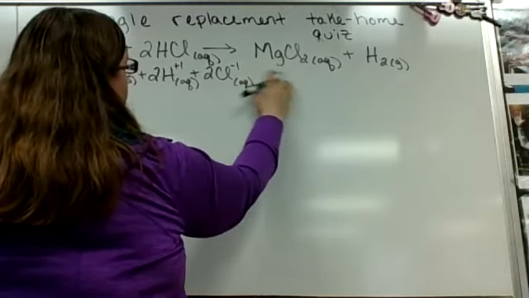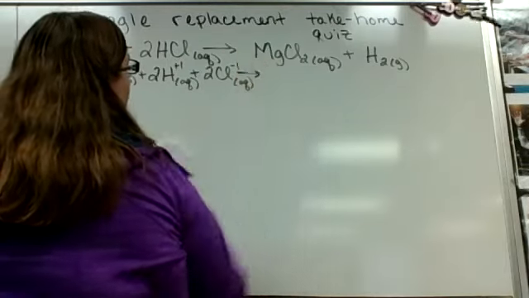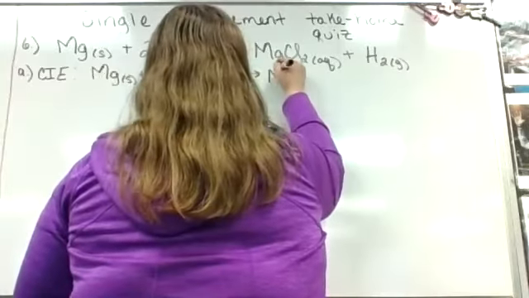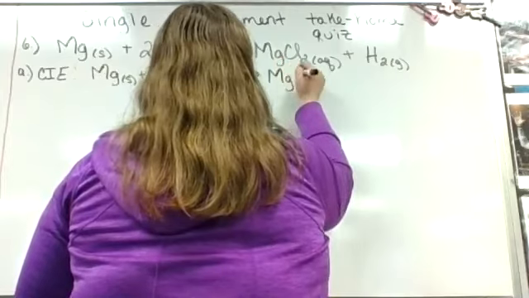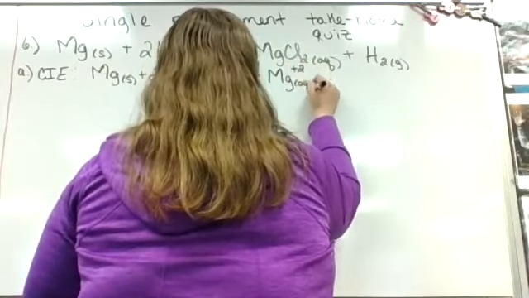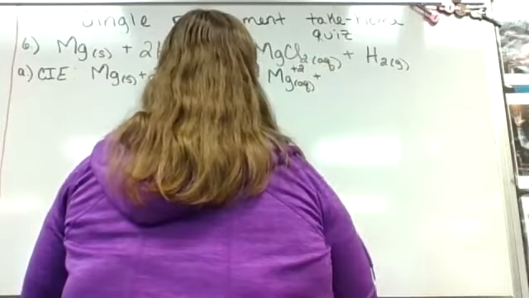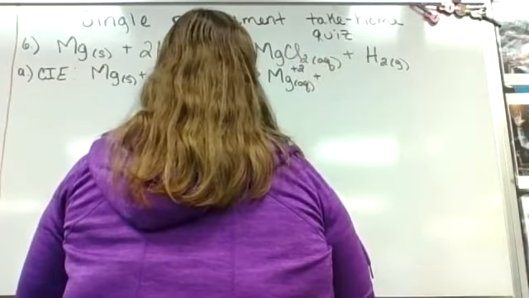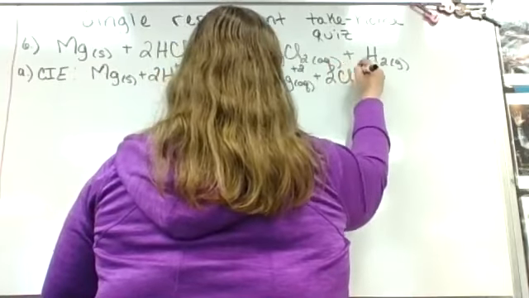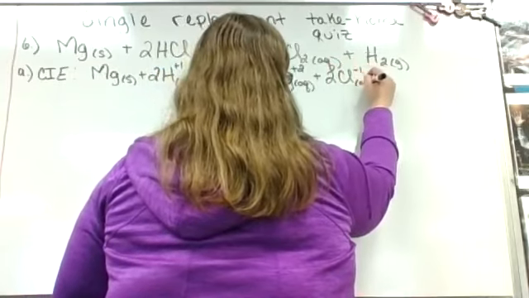Yields. Break the MgCl2 up into Mg plus 2 aqueous plus 2Cl minus 1. And see what I mean?